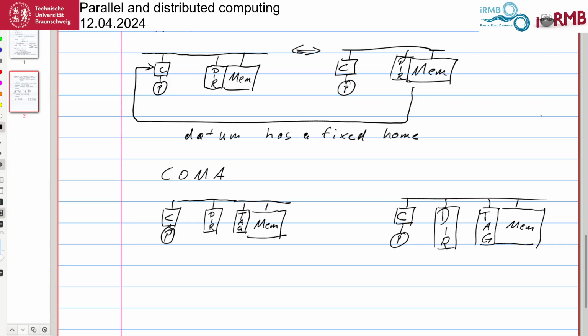This is not a fixed directory, because we have our cache lines, and our cache lines have to be linked to a specific place in the memory. So you have several cache lines, and the directory says this cache line goes there in memory.